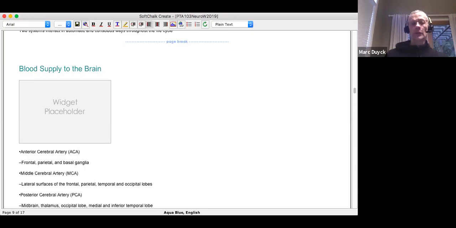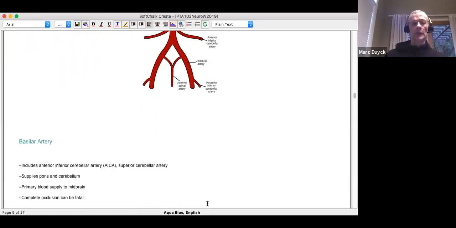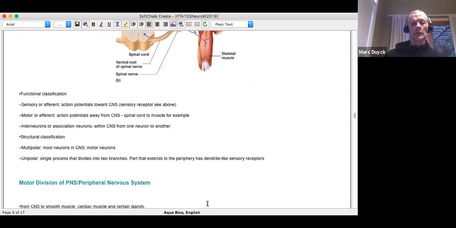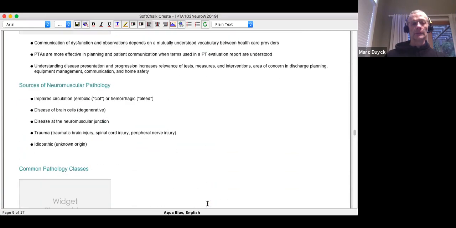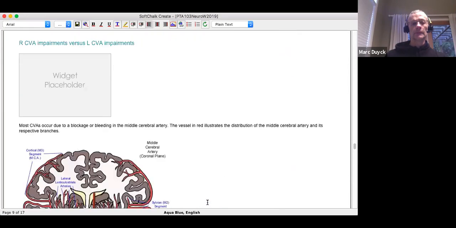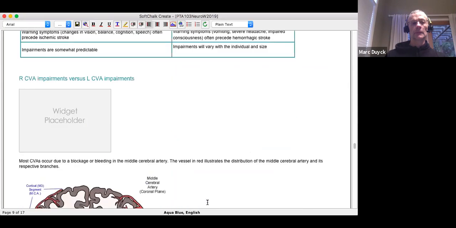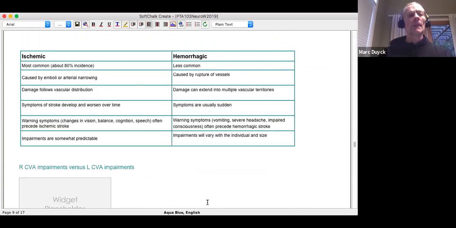So let's look at the differences in terms of these two types of stroke. So ischemic are most common. I mentioned can be caused by a plaque or arterial narrowing.